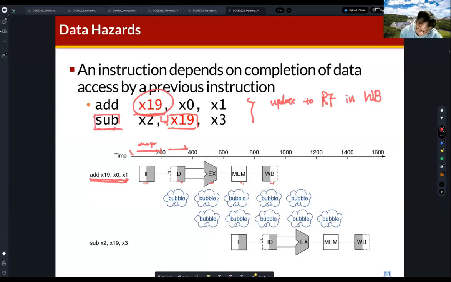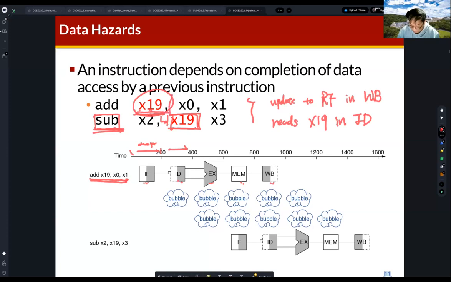The sub instruction actually reads X19 in the ID stage. But if this X19 is not updated, then the sub instruction cannot read the register file.